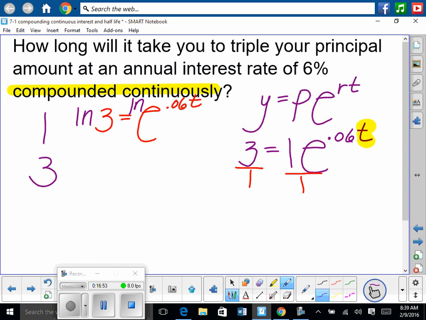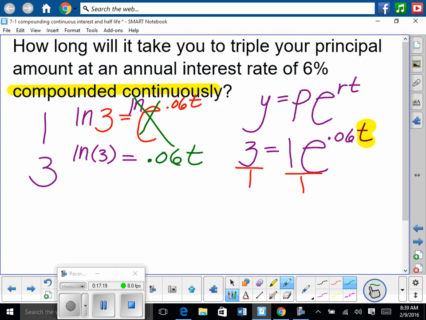So on the left, I have ln of 3 is equal to, now ln and E, they do undo each other. They're inverses, so they cancel out. And then this can now drop down. So this drops down to be 0.06 times T. Does everybody see how I took care of E? I isolated E, then I took the ln. ln undoes E. So E undoes ln as well.